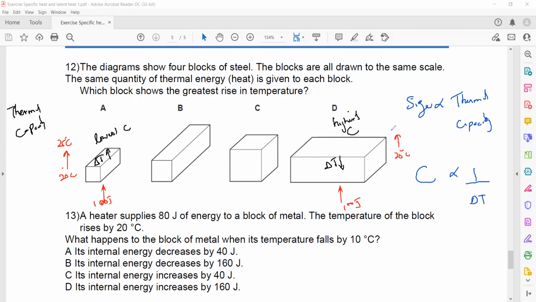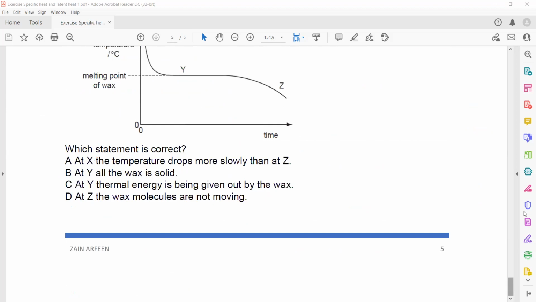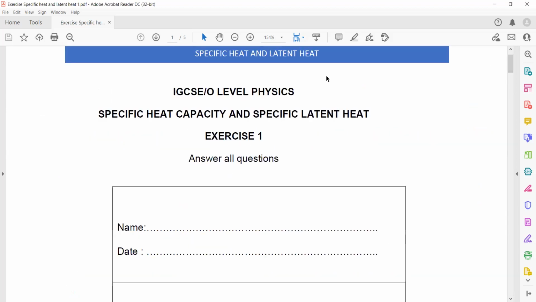So the temperature of the material does not change too much. The one which shows the greatest rise in temperature will be A. Is it clear? Smaller size means smaller thermal capacity, which means a higher temperature change. So these are some questions related to specific heat capacity and specific latent heat.